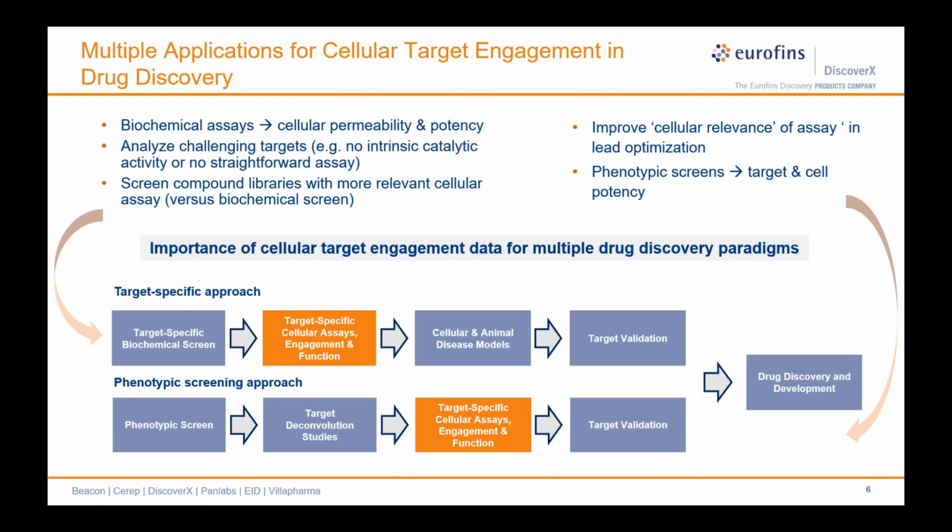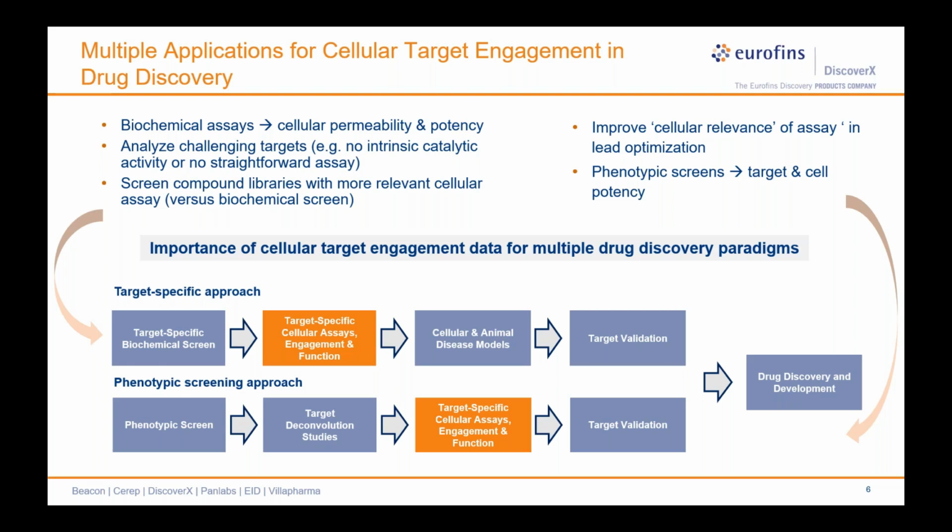Cellular target engagement assays are useful in a number of paradigms of drug discovery. For target-specific approaches, they can be useful for confirming the hits from biochemical screens in a cellular context and giving information about permeability of those compounds to the cells.